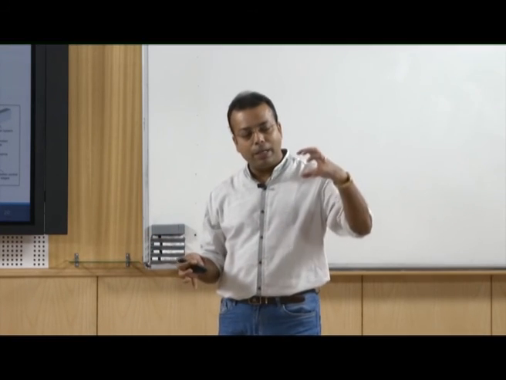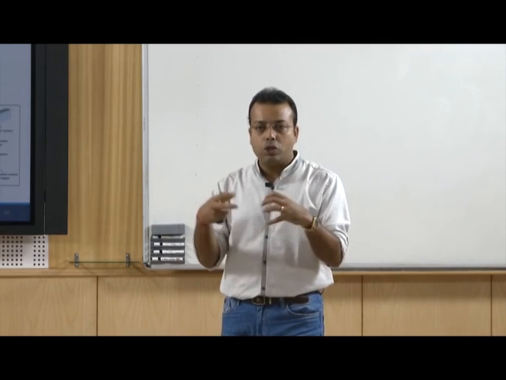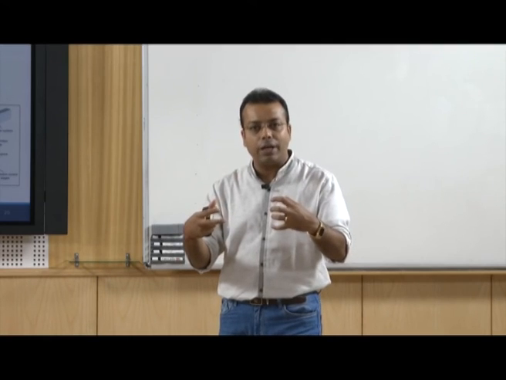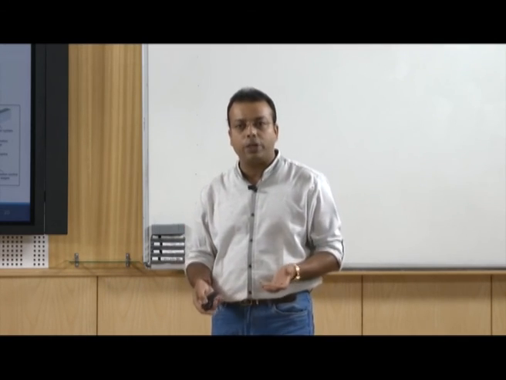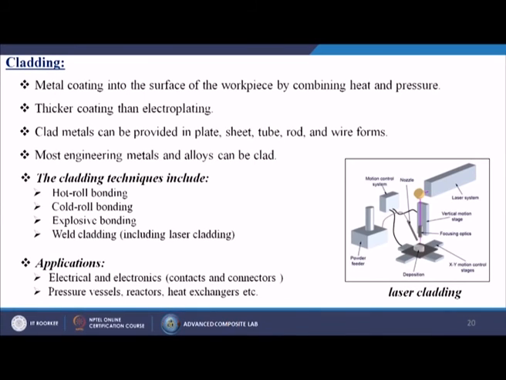But here we are giving heat as well as pressure simultaneously, so the heating is done under pressurized conditions. That is why it is known as cladding. It gives a thicker coating than electroplating. Clad metals can be provided in plate, sheet, tube, rod and wire forms. Most engineering materials and alloys can be clad.